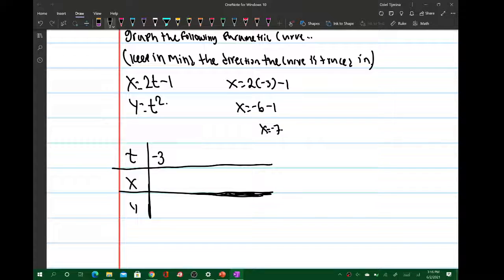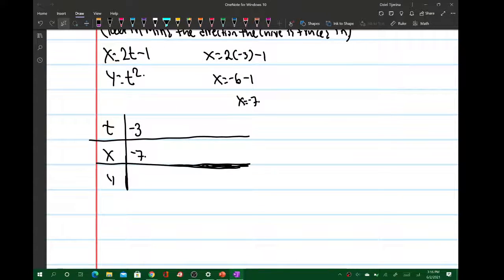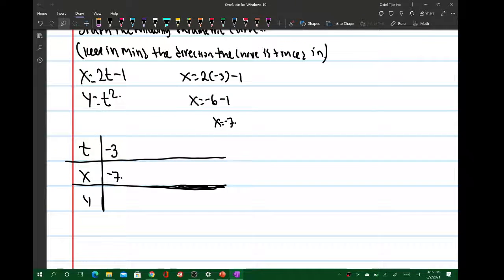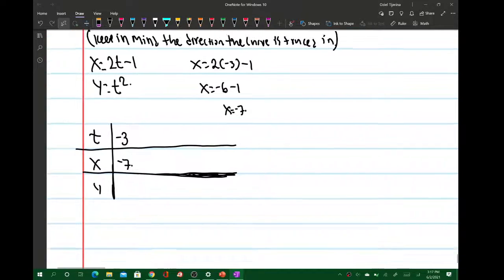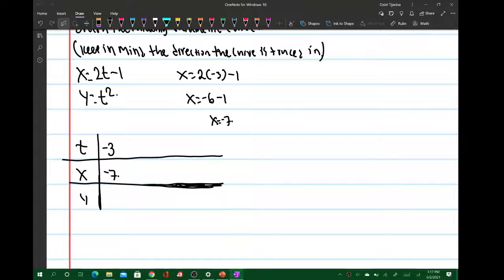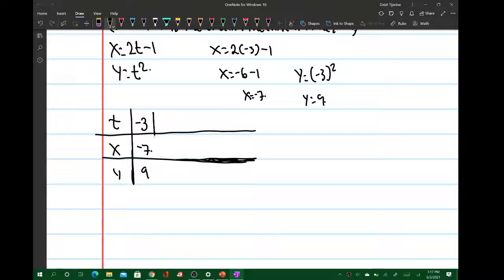So when t equals -3, x equals -7, and y is equal to -3 quantity squared, so y equals 9. That's my first point, -7, 9. Then I'm going to go down, so at -2.